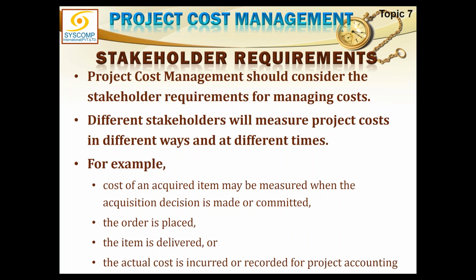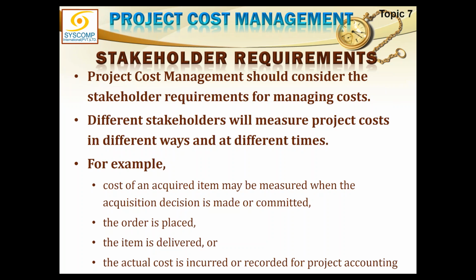The different perspectives can be made clear by these examples. For example, the cost of an acquired item may be measured when the acquisition decision is made or committed. So for some stakeholders, as soon as we have made the decision to spend some money, the money is committed at that point in time. Some people only consider the money committed after the order has been placed.